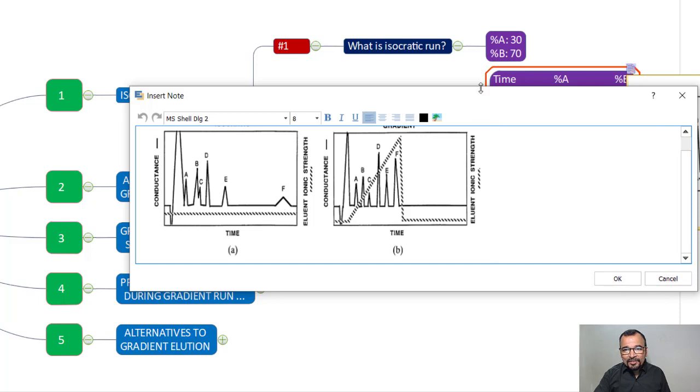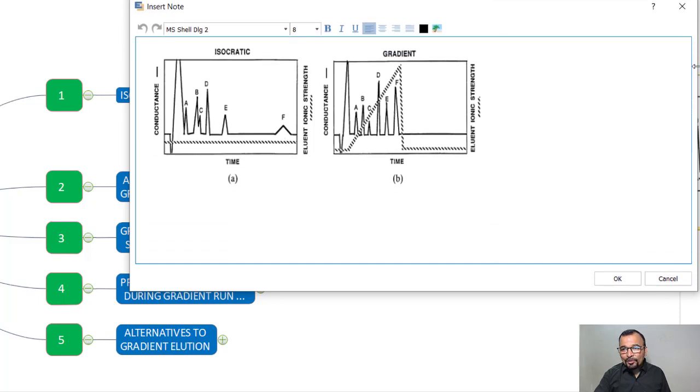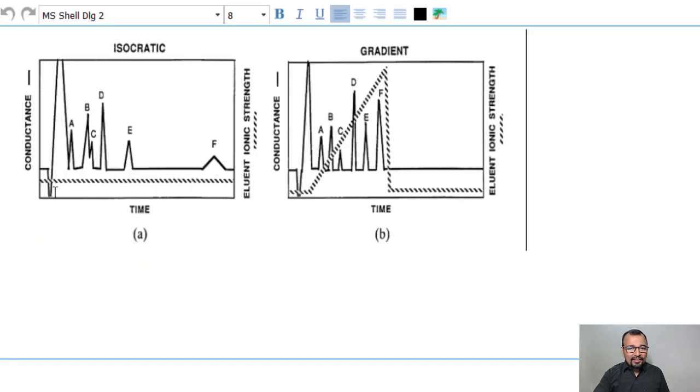Okay, and if you would like to see the chromatographic representation, here it is on your screen. So isocratic, if you see the dotted line at the bottom of this chromatogram, right? It is not changing. But in case of gradient, can you see that it is constant for 5 minutes and then it is changing linearly.